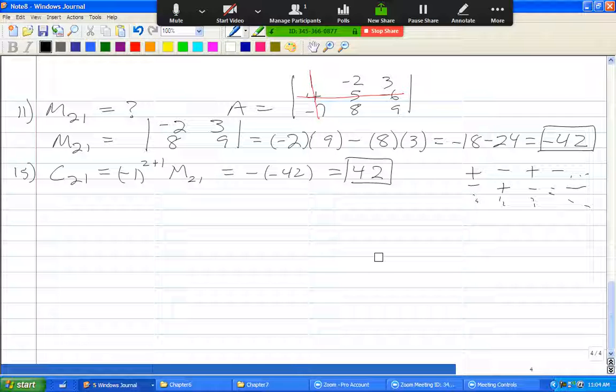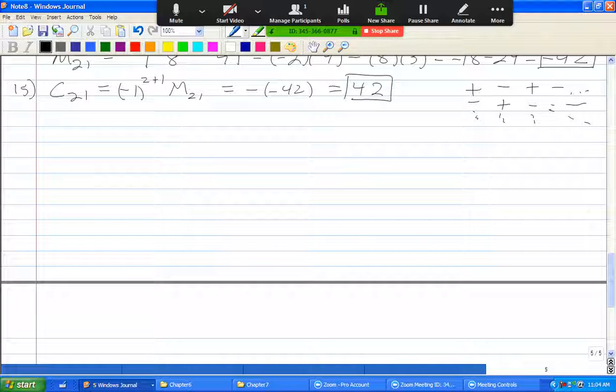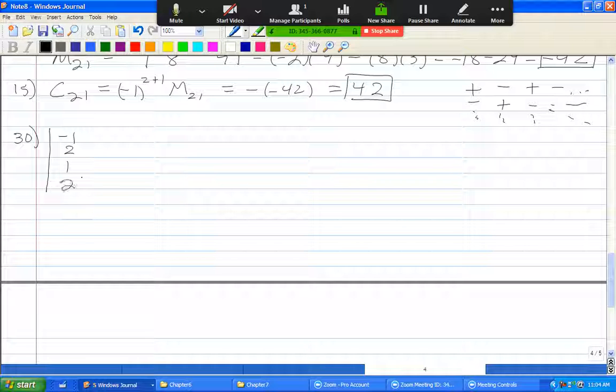Lastly, let me do problem number 30. Which is negative 1, 2, 1, 2.